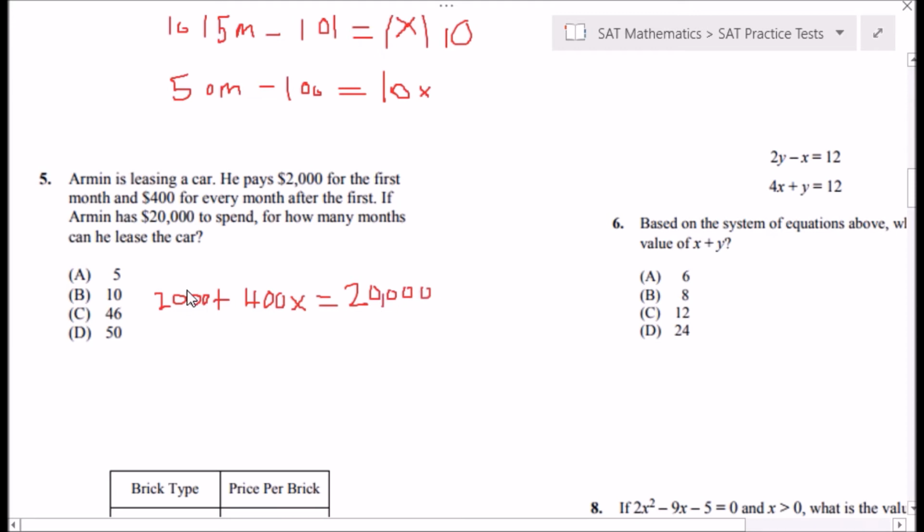So you subtract 2,000 from both sides, and that'll give us 18,000 on this side, is equal to 400x. Divide by 400 on both sides, so you're left with x.